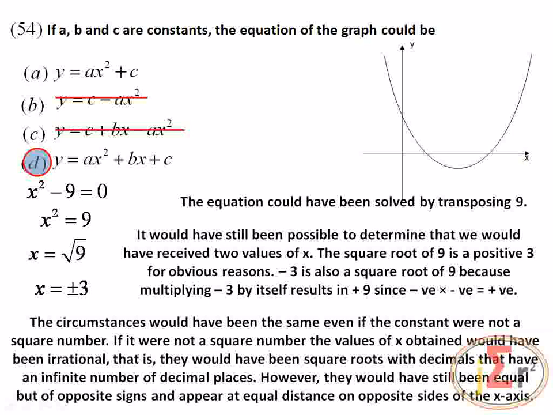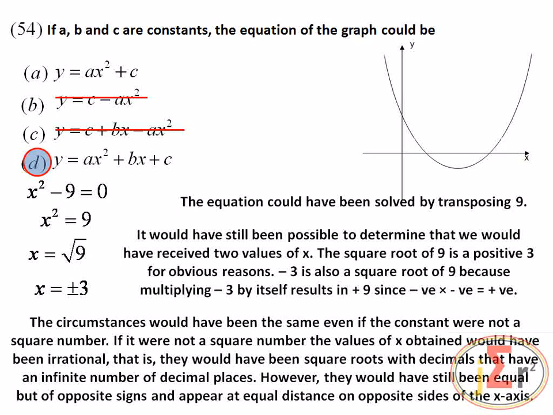The circumstances would have been the same even if the constant were not a square number. If it were not a square number, the values of x obtained would have been irrational. That is, they would have been square roots with decimals that have an infinite number of decimal places.